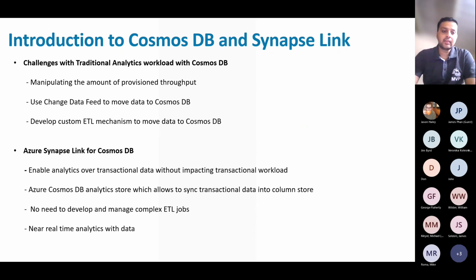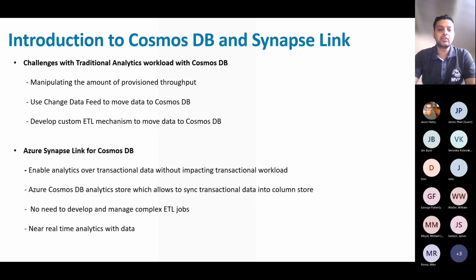Then the third major benefit is no need to develop and manage complex ETL jobs. Because we are enabling this Azure Synapse Link feature for Cosmos DB, we can enable a near real-time implementation, and as soon as there is data in the landing zone, Synapse Link makes the data available.